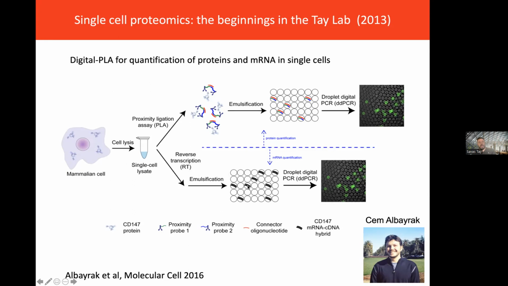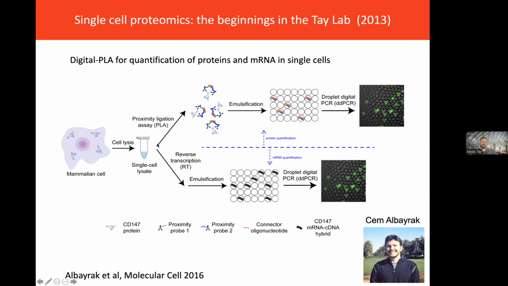When you do PCR amplification in these droplets, each positive droplet turns bright green, and the droplets that don't contain a template are dark, so you just count them. The machine can count it for you. This gives you absolute quantitation of mRNA counts in individual cells.